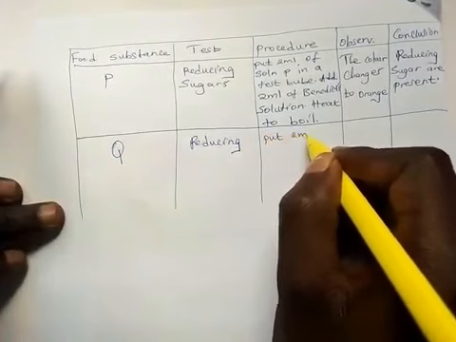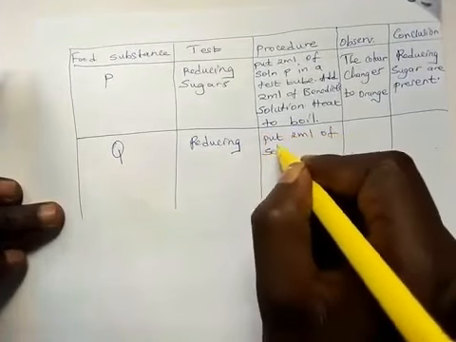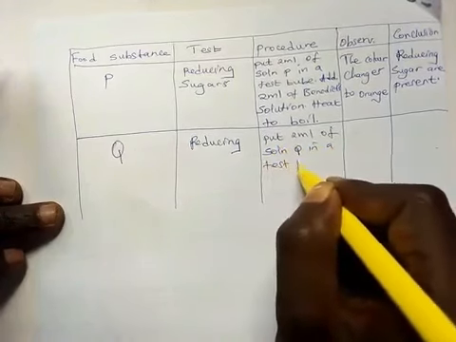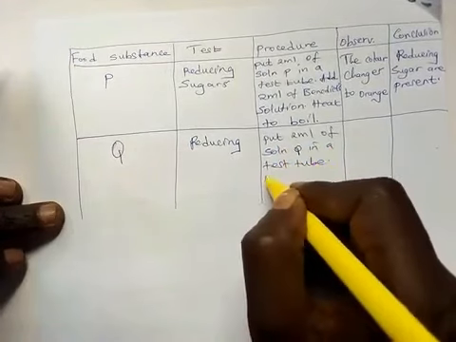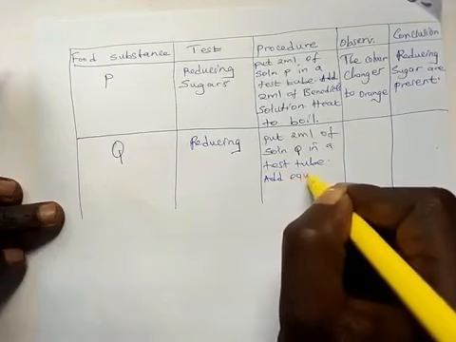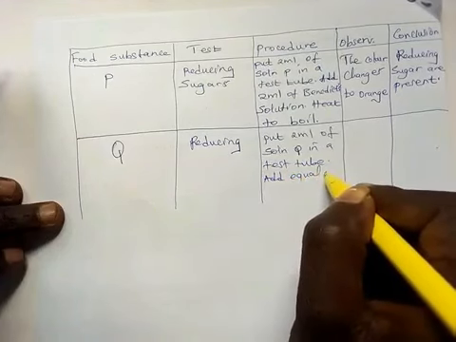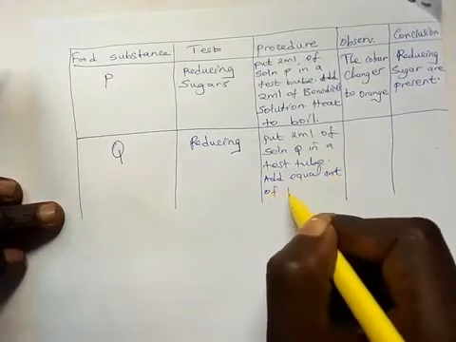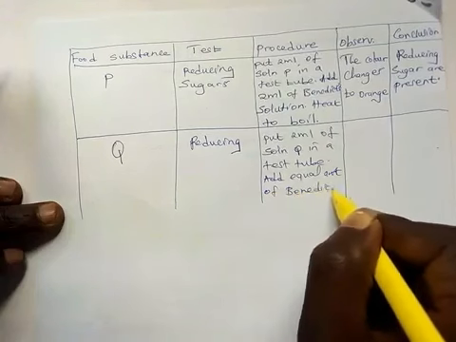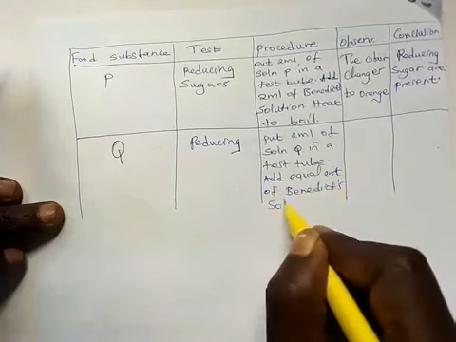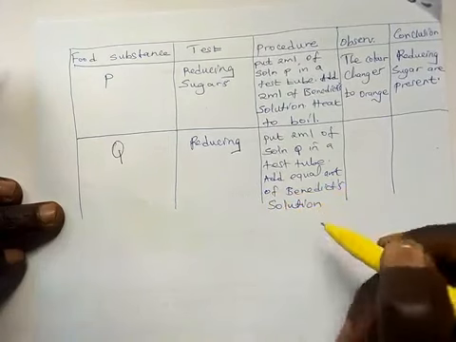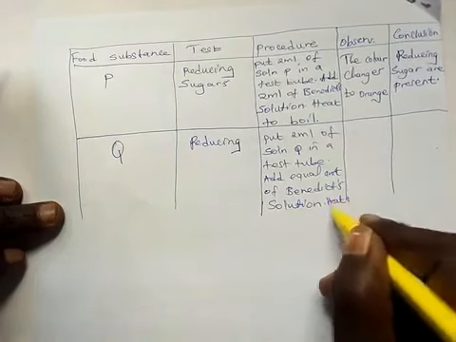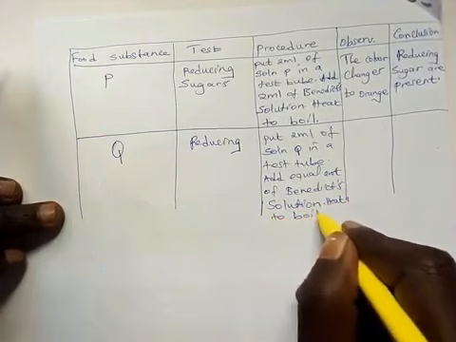Put 2 ml of solution Q in a clean test tube, and then you add an equal amount of the Benedict solution. Then you heat to boil.